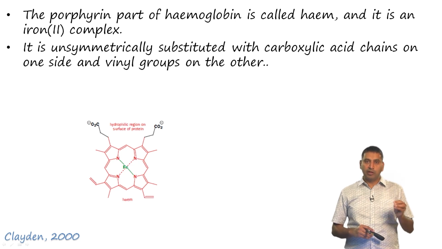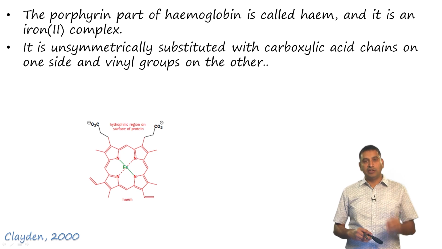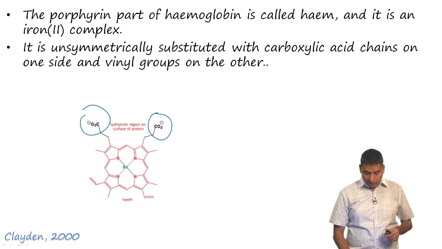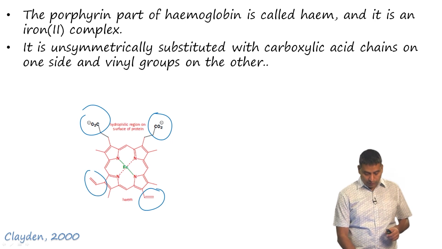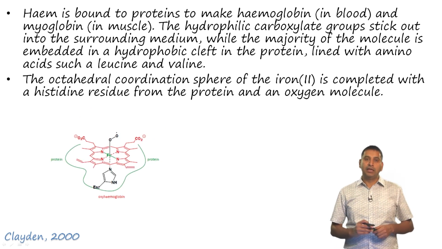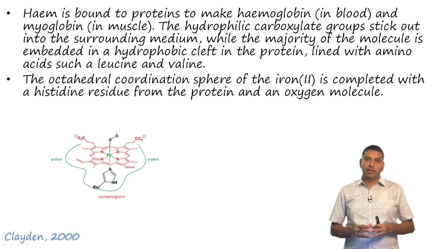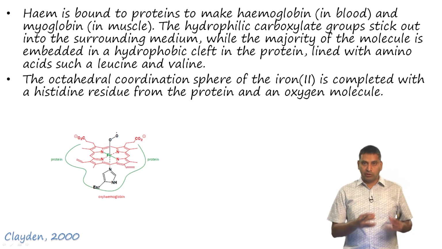The porphyrin part of hemoglobin is called heme, and it is an iron 2 complex. It is unsymmetrically substituted with a carboxylic acid chain on one side and vinyl groups on the other side. Heme is bound to proteins to make hemoglobin in the blood, or it forms myoglobin in the muscle.